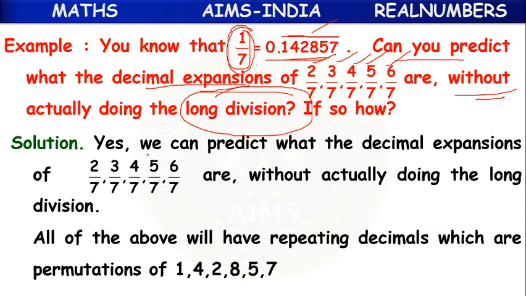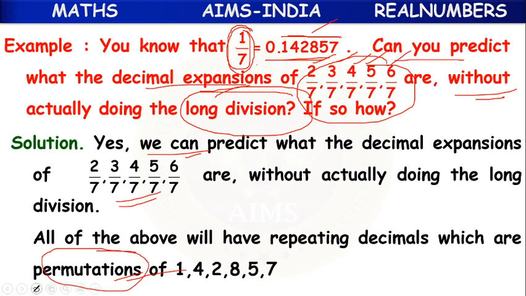find the decimal expansions of other equivalent rational numbers by a method called permutations and combinations of these decimal places. Because in the decimal expansion of 1 by 7, we have decimal places like 1, 4, 2, 8, 5, 7.